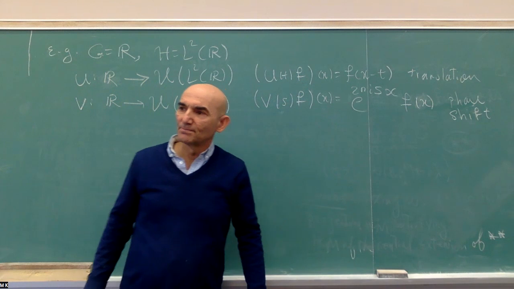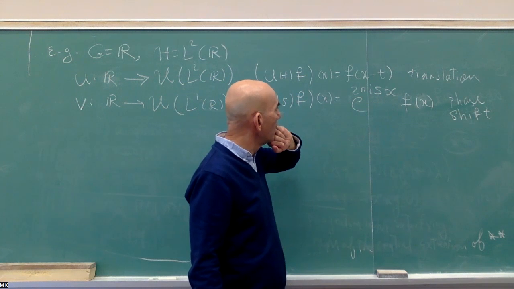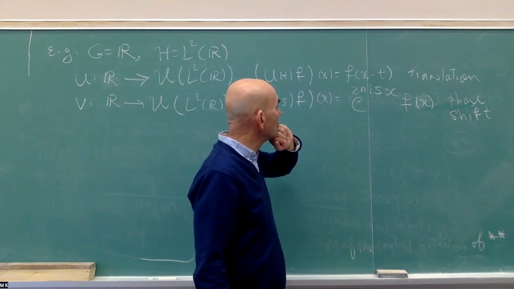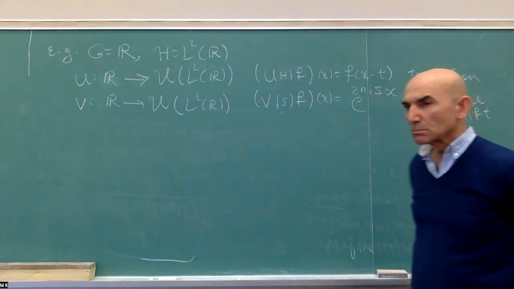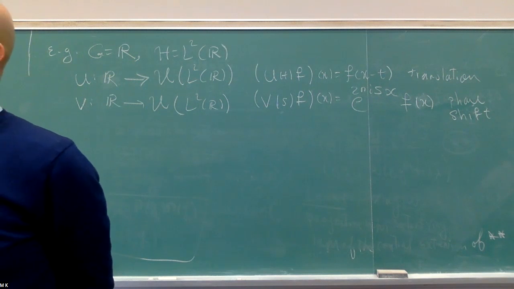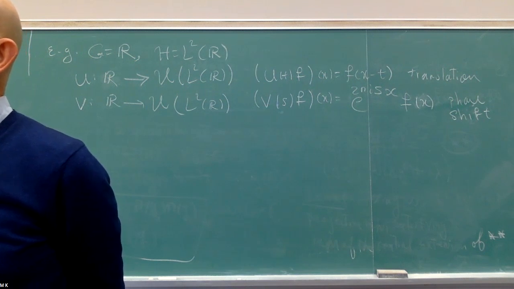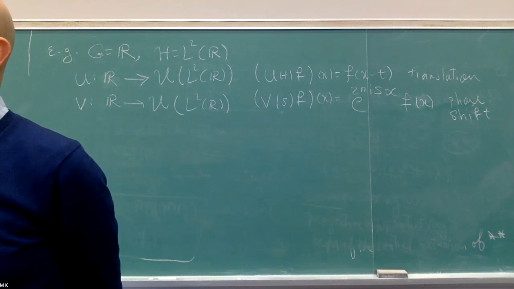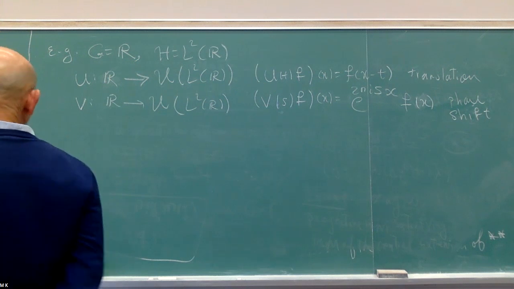But should there be an X in the phase in that case? I put an X here. It's the 2 pi i S X. If you translate by S, the Fourier coefficients rotate by e to the 2 pi i S. Just that? I think so.